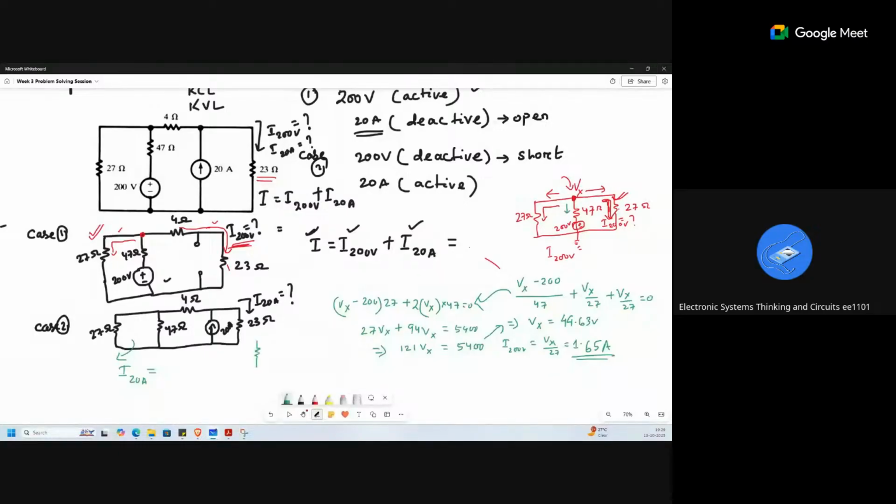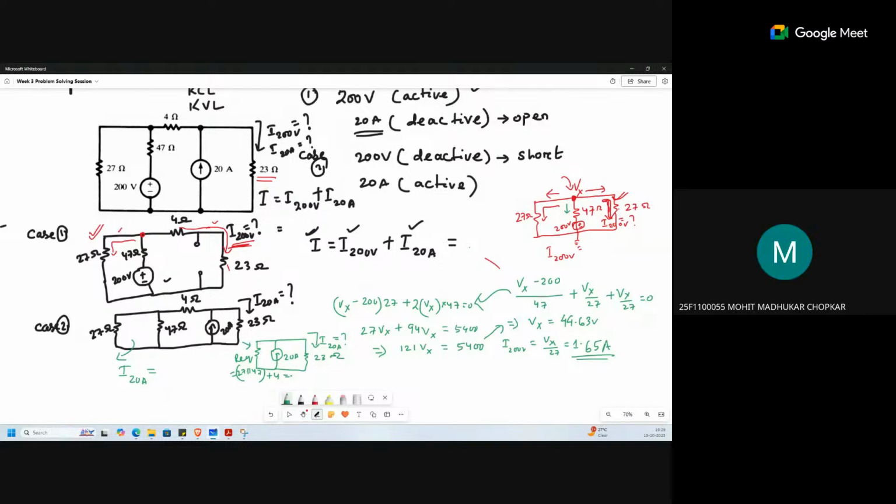I will just convert this to this circuit. Like this one is 20 ampere. This will be again 23 ohm, because my objective is to find out the current across this, due to the 20 ampere effect. So this is the R equivalent. This value will be 27 parallel to 47 series with 4.